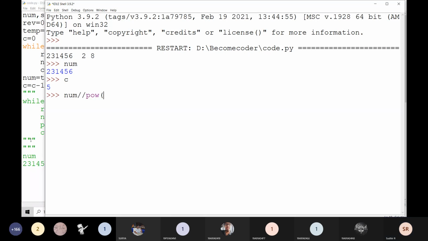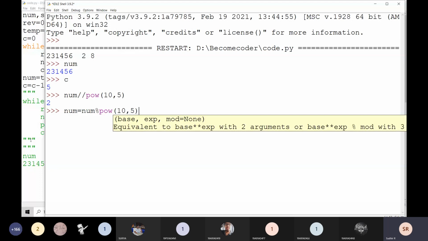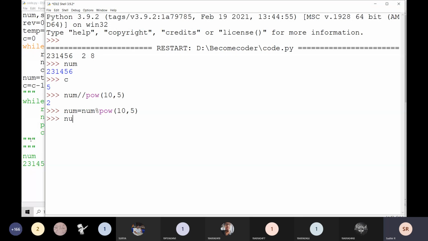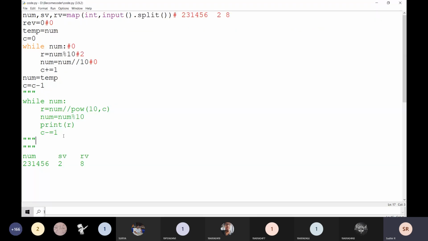power of 10 comma 5 is going to be like this, and the number is equal to number mod power of 10 comma 5 is equal to like this, and the final value here, it is working perfectly.